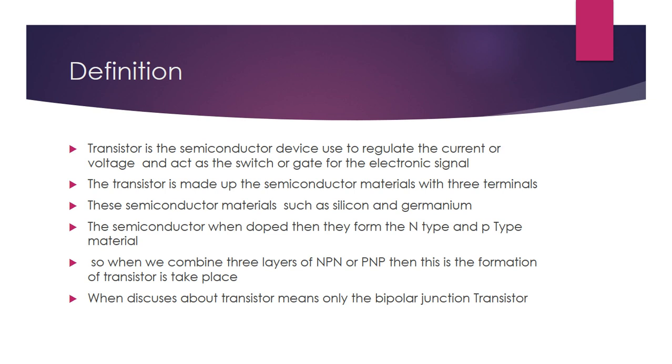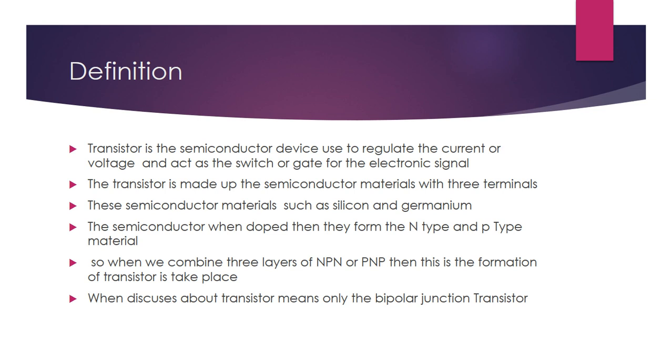Mostly, the material used in the formation of the transistor is silicon. We discussed these concepts in basic electronics when we covered the formation and construction of the diode. When a semiconductor is doped, it forms p-type and n-type material.